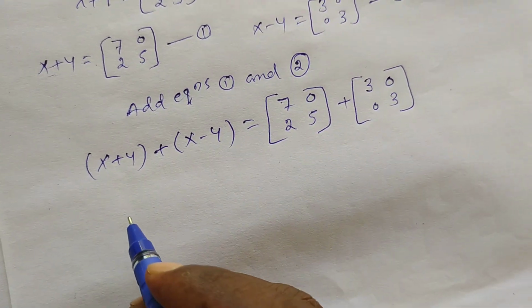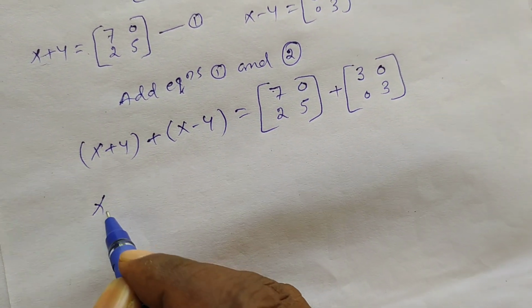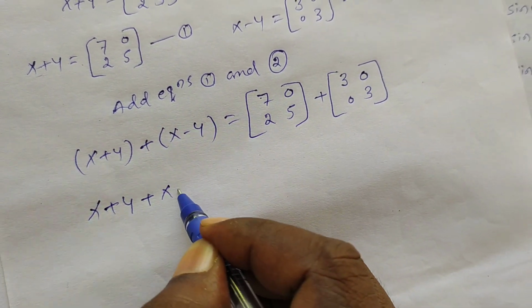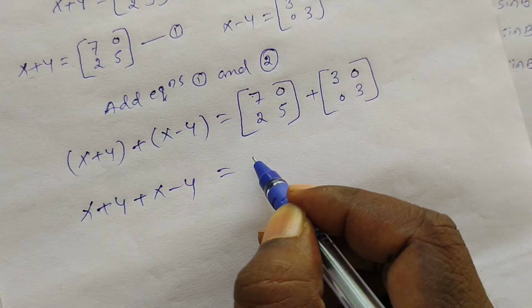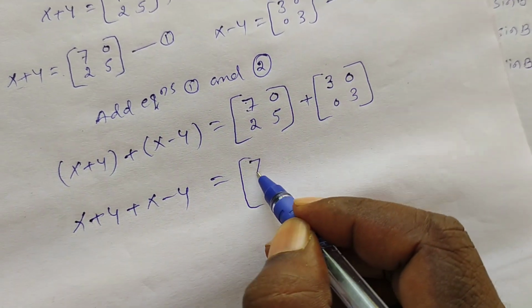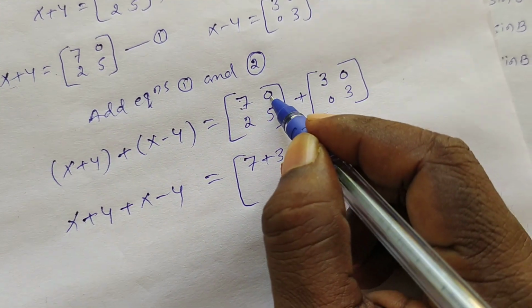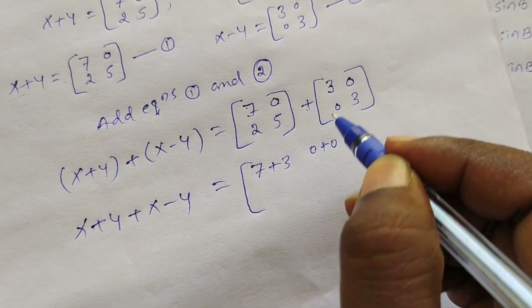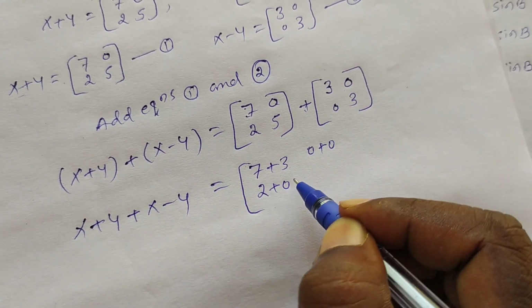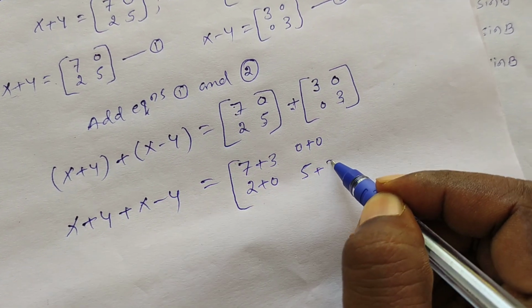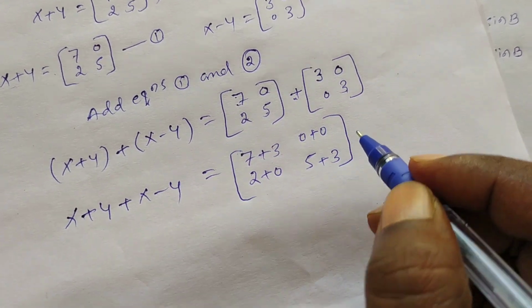Now remove the bracket: X plus Y plus X minus Y equals 7 plus 3, 0 plus 0, 2 plus 0, 5 plus 3.